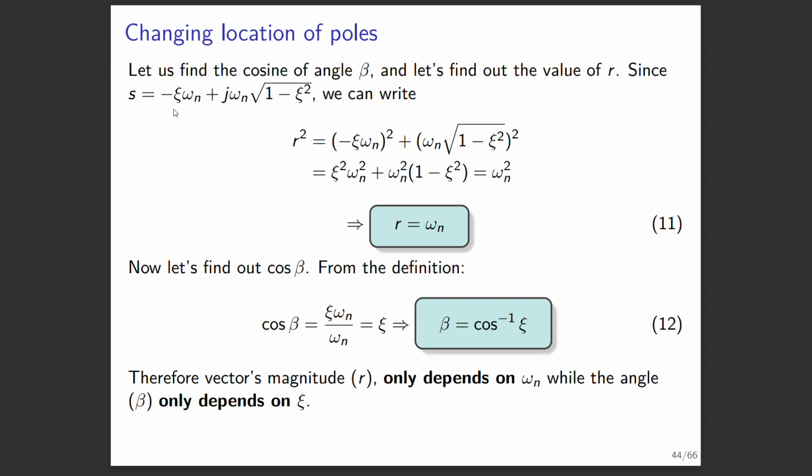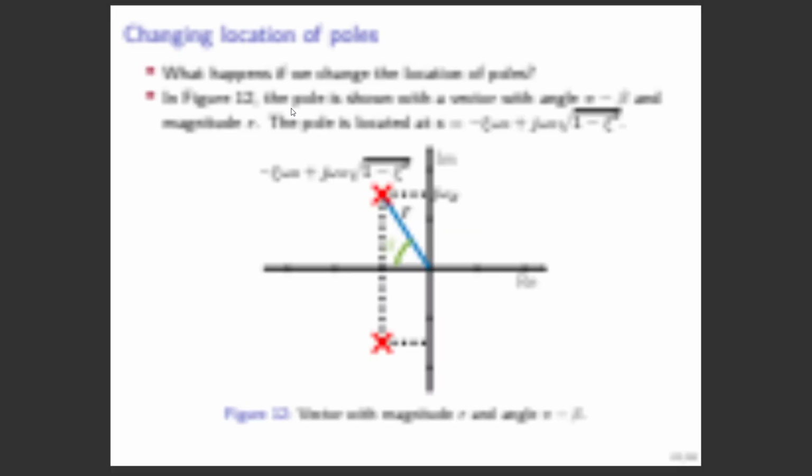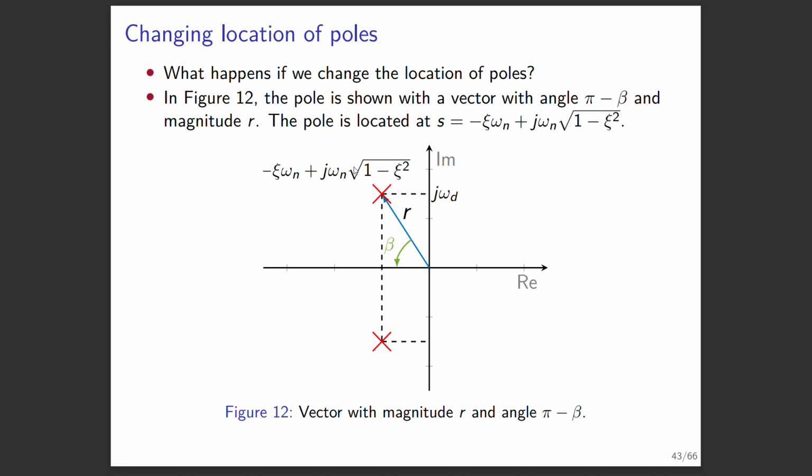Since my pole is negative zeta omega n plus j omega n square root of 1 minus zeta squared, and that's this r, I can say, well, r squared is this thing squared plus this thing squared, right? Because this is a 90 degrees angle.